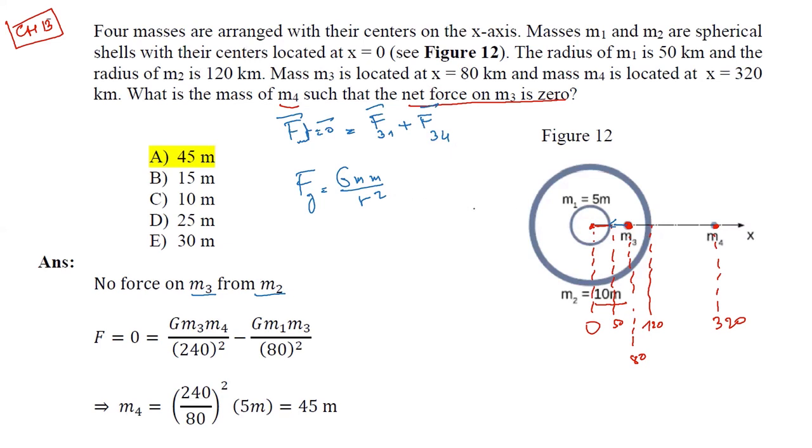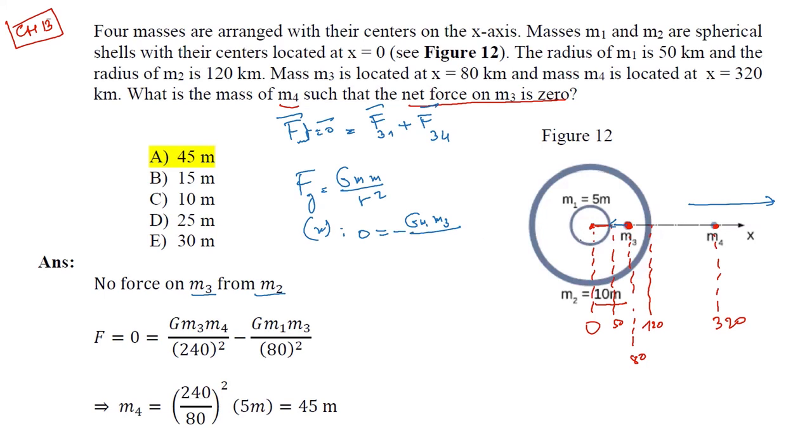One of them is in the positive direction and one is negative. Along the x direction, the net force should be equal to 0, so F on 3 by 1 is negative: minus G M1 M3 divided by the distance squared.